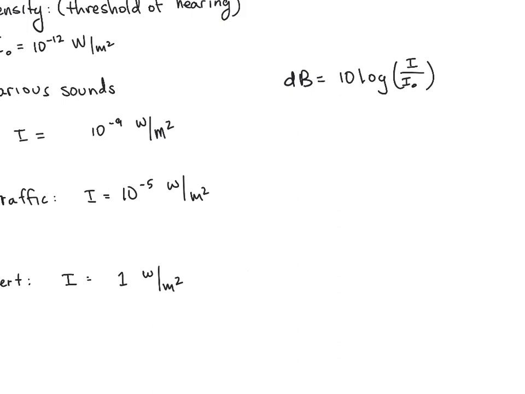So for a whisper, the decibel reading would be 10 times log of the intensity, 10 to the negative 9, divided by 10 to the negative 12.